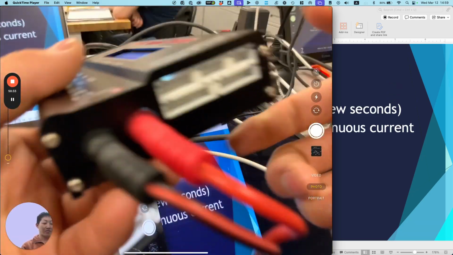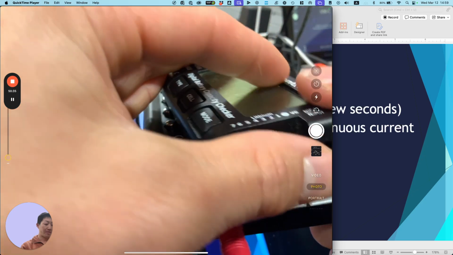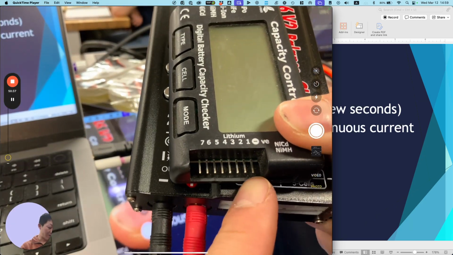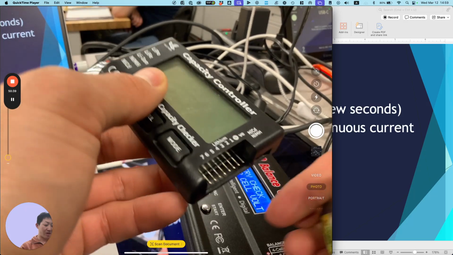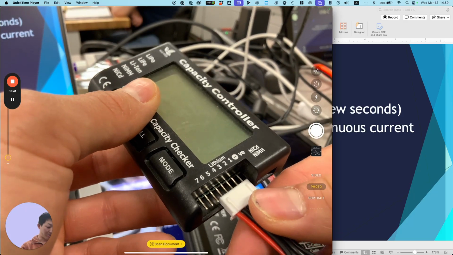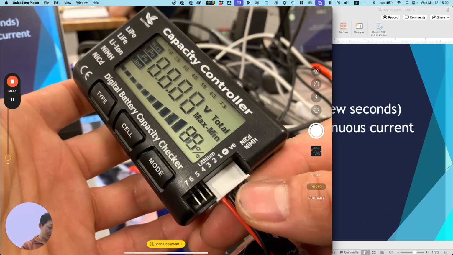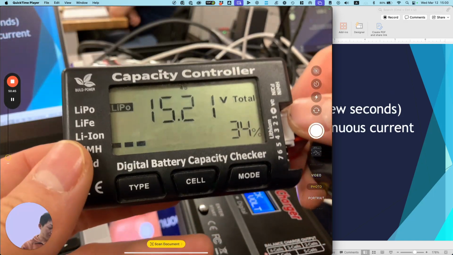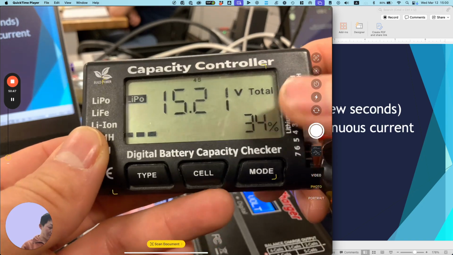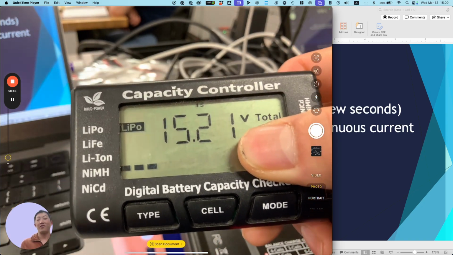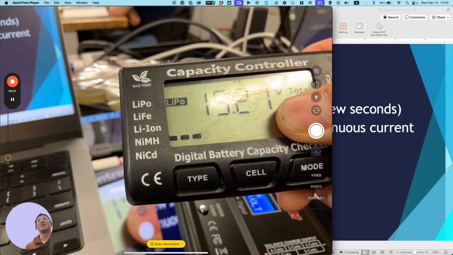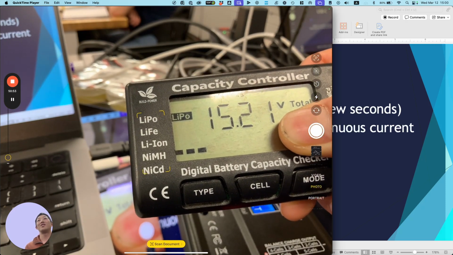Then you just have to favor one end, which in our case is the right end. This is what I mean by favor the right end: you push it all the way as far right as possible. Okay, let's see what we got here, by the way. What is 15.2 volts? What is that in terms of per cell voltage?